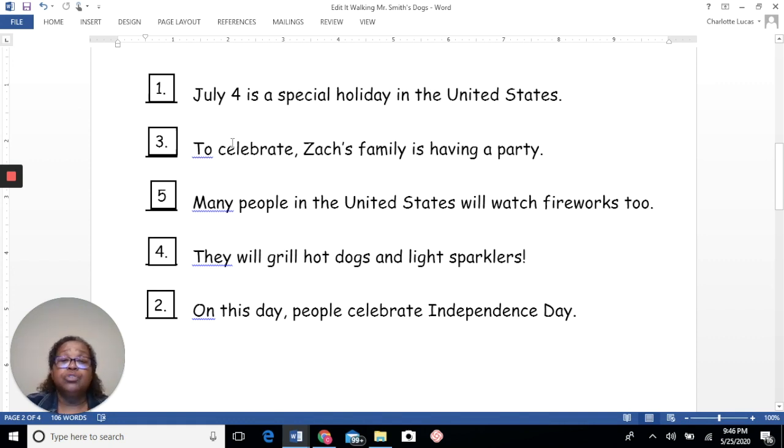July 4th is a special holiday in the United States. On this day, people celebrate Independence Day. To celebrate, Zach's family is having a party. They will grill hot dogs and light sparklers. Many people in the United States will watch fireworks too. I think we did a great job. I think that makes good sense.